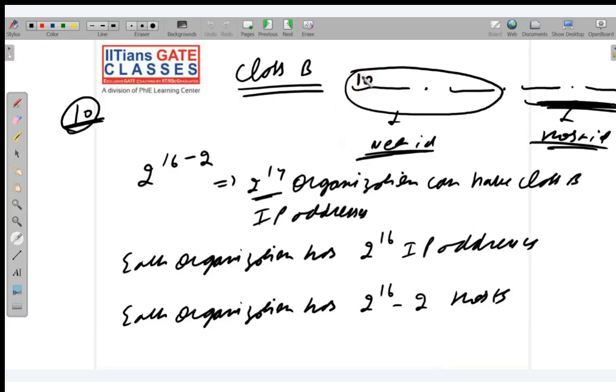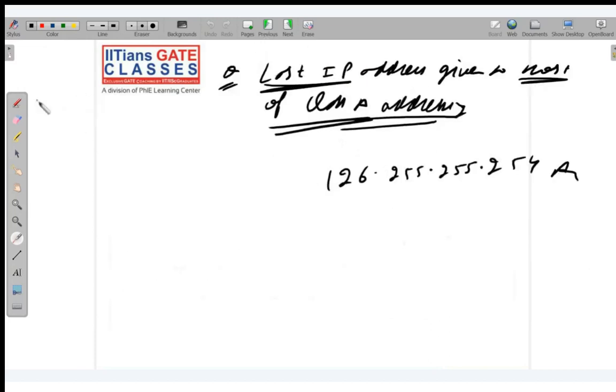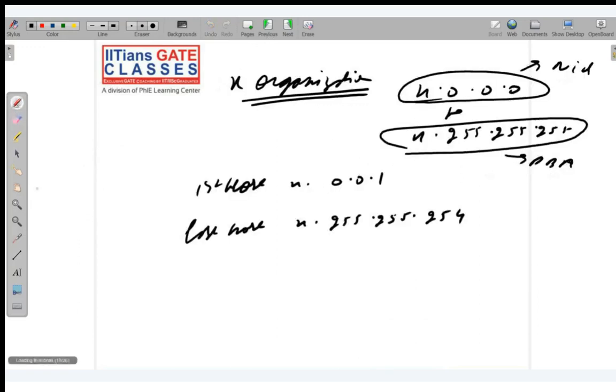In class A, the first bit was 0. Try to remember this. So if we are starting with 1 0, it will be okay.